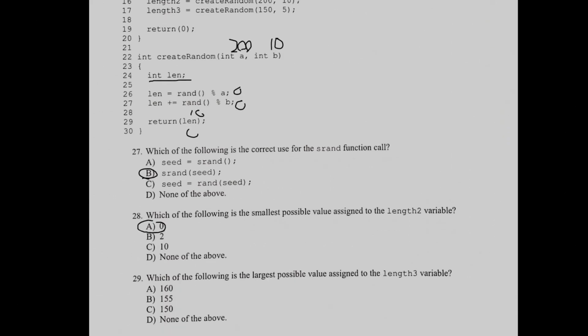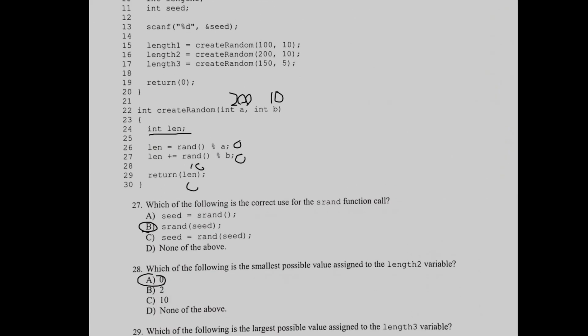All right, moving on to 29. Which of the following is the largest possible value assigned to the length3 variable? So here we're running createRandom again, but we're going to pass 150 and 5. And it's asking us what's the largest possible value that createRandom can return.